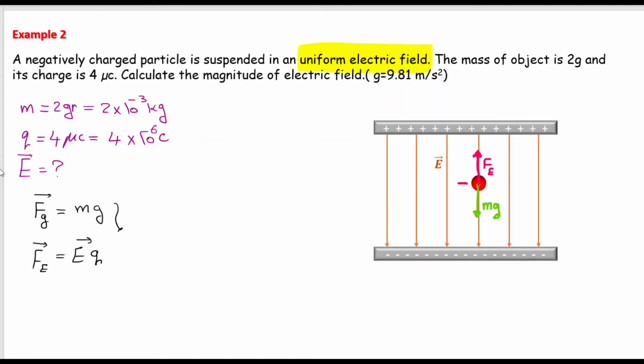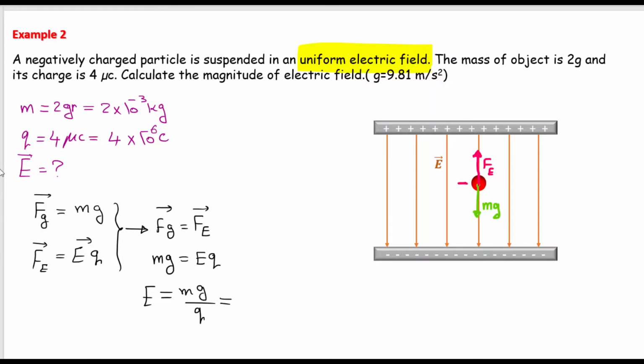And as it is suspended, Fg equals Fe. Let's plug in the numbers. mg equals EQ. And if I isolate E by dividing both sides by Q, I have mg over Q.